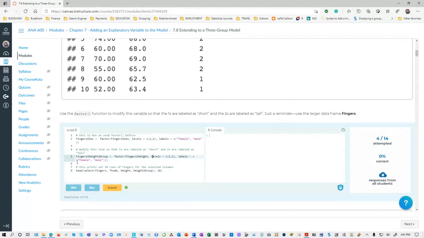Label 1 as short and label 2 as tall. Then go to fingers, thumb, height two groups, then head 10.